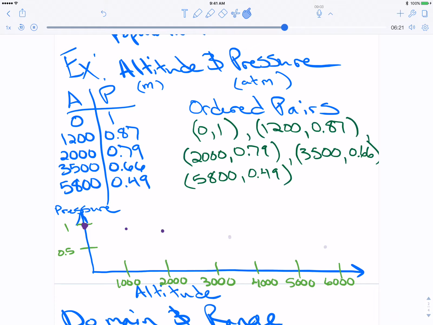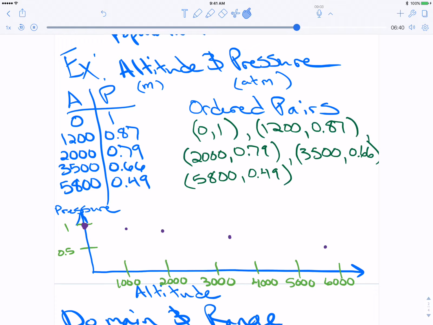It was a little low. Should be about there. Then if we go on to the 5800, that is slightly to the left of the 6000 mark, and our value is 0.49, which should be right about on the 0.5.